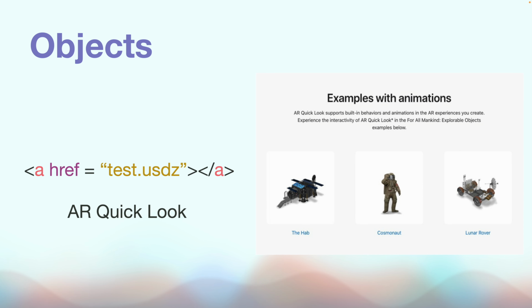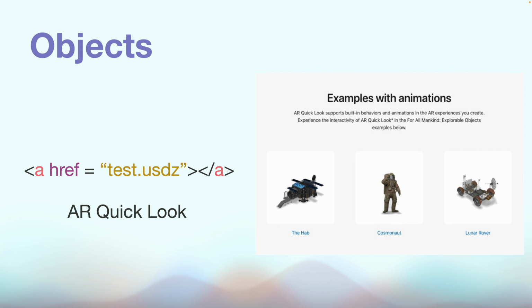Okay, this is just another quick demo of how you're going to implement USDZ. Apple has a thing called AR Quick Look, which is basically built into most of the Apple software. For instance, if you're writing a web page, and you want to have an AR experience built into your website, all you have to do is have that line, href equals test.usdz.